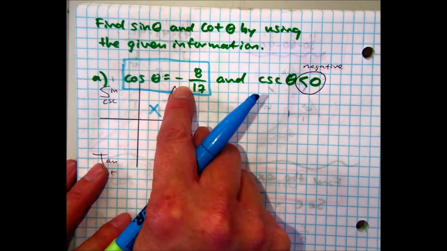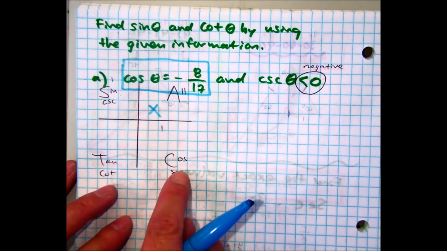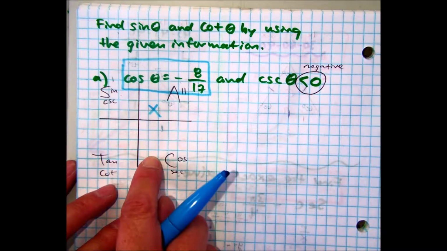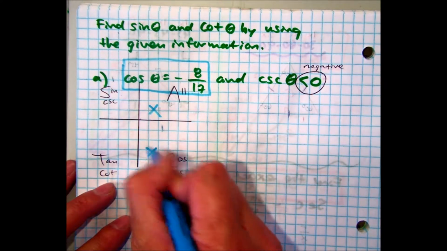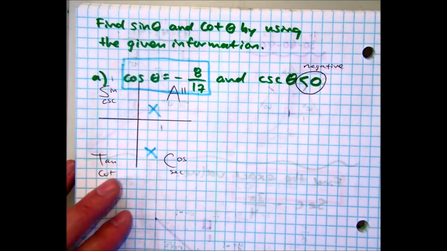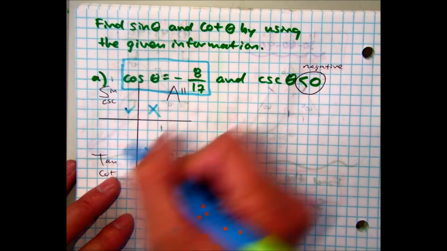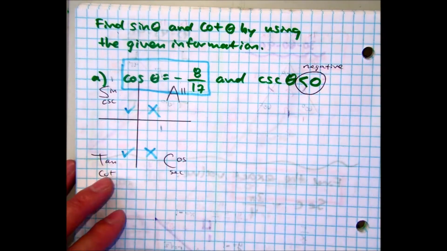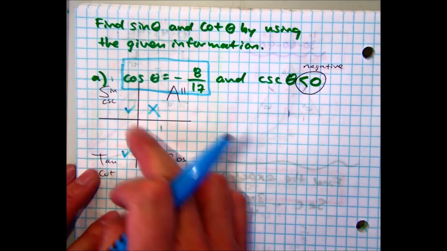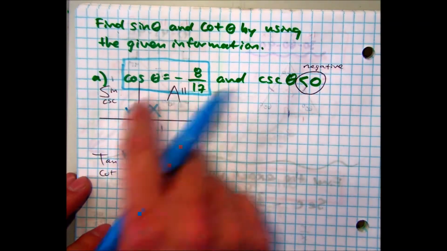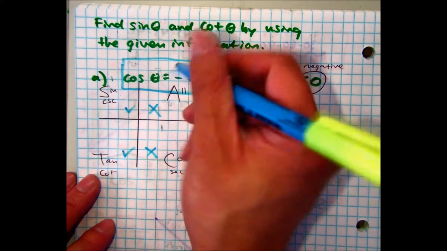It's positive. Here, cosine is positive, but I don't want it to be here. So that means cosine is negative in quadrants 2 and 3. The check means yes, it is negative. Let me highlight that negative.